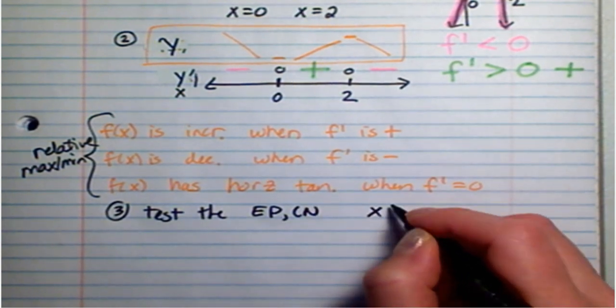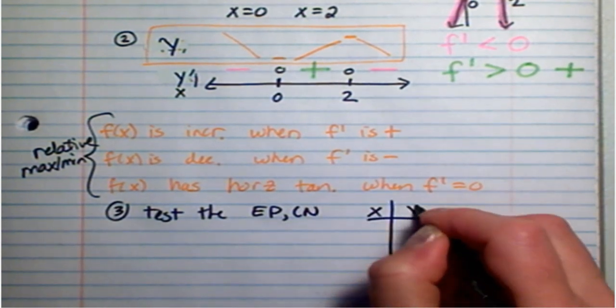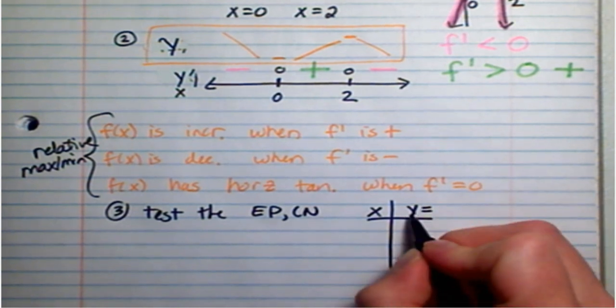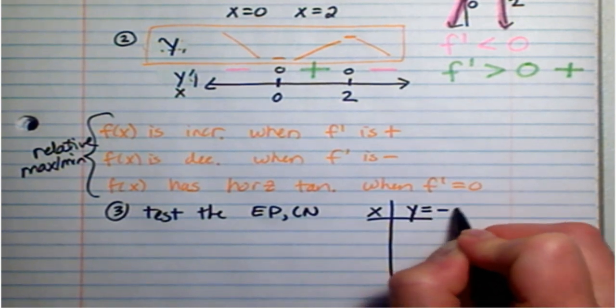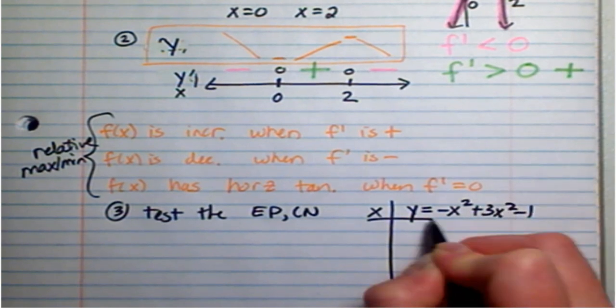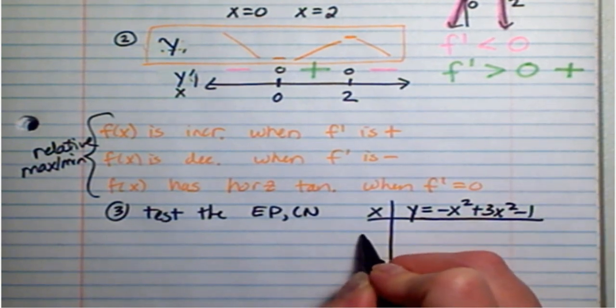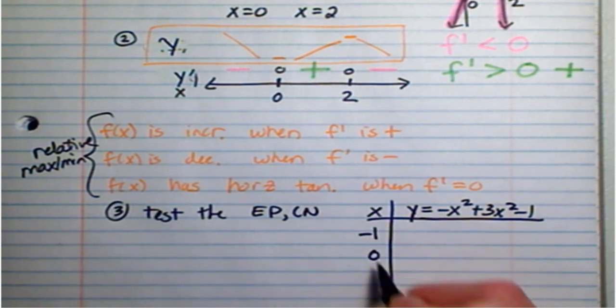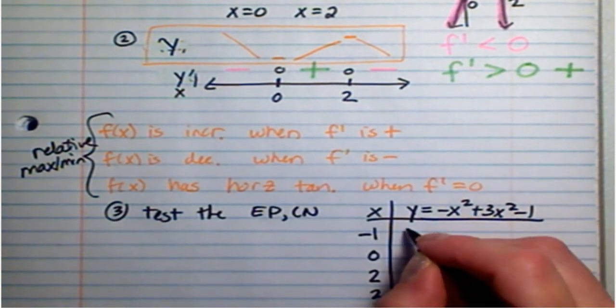Okay, so x and y, and notice that this is y equals, this is the original equation. Okay, and so we have an endpoint, a 0, a 2, and a 3. Endpoints and critical numbers.